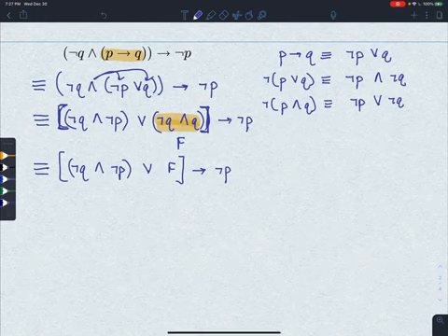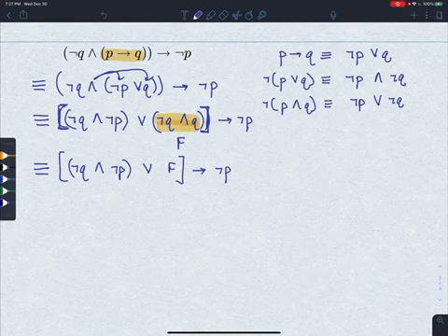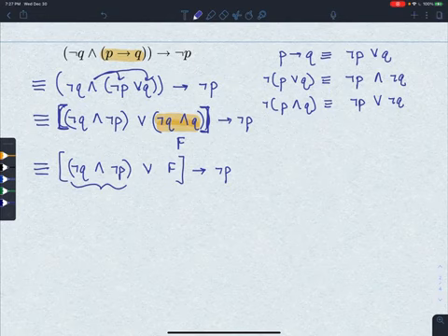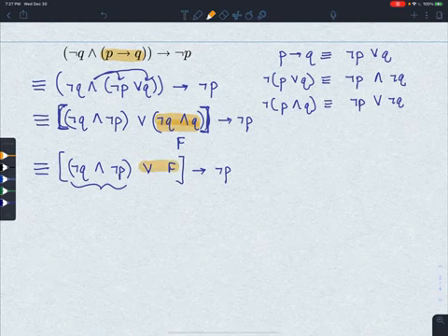Now, when you or something with a false, you don't need the false, because that's how or works. If the negation Q and negation P were true, or with a false, I end up with true. If they were false, I or it with false, I still get false. So it's one of those absorption laws, basically. So this guy is out.